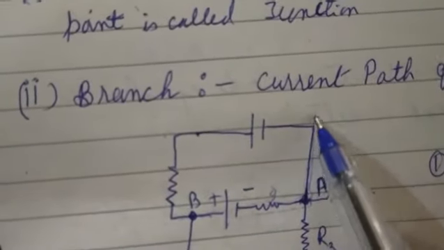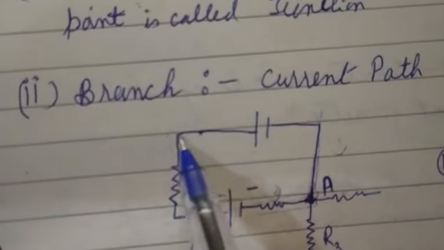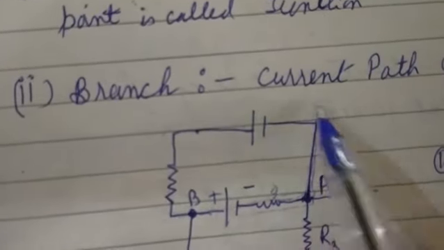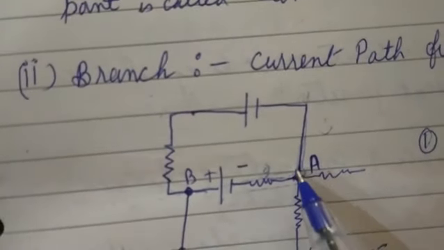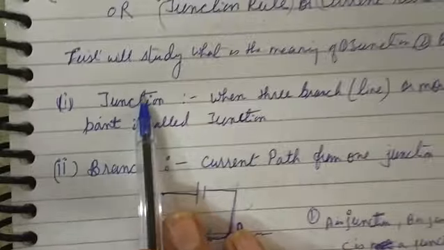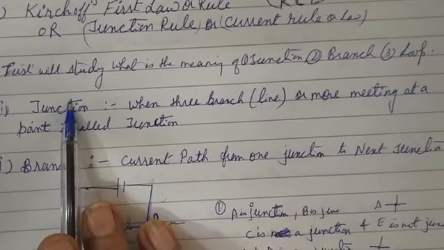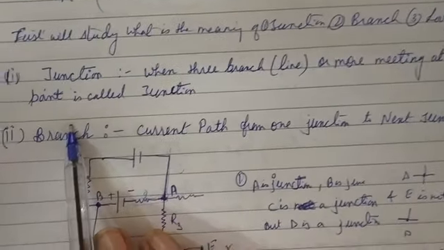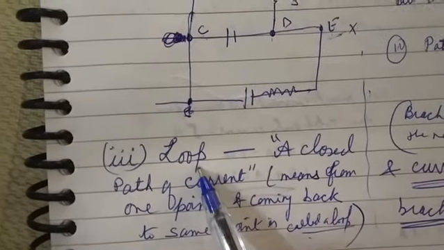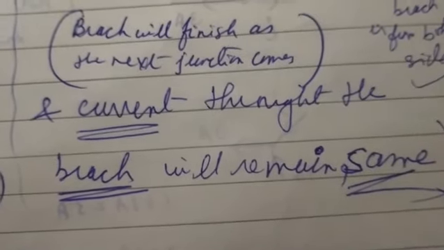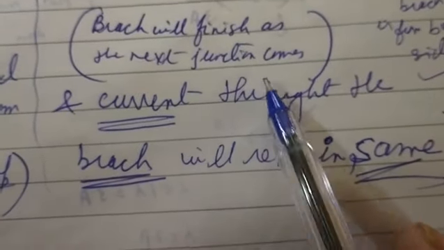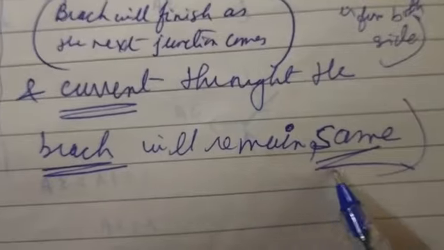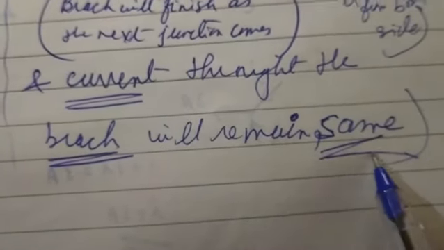So junction, then branch, and the third one is loop. A branch finishes as the next junction comes, and the current through the branch remains the same.